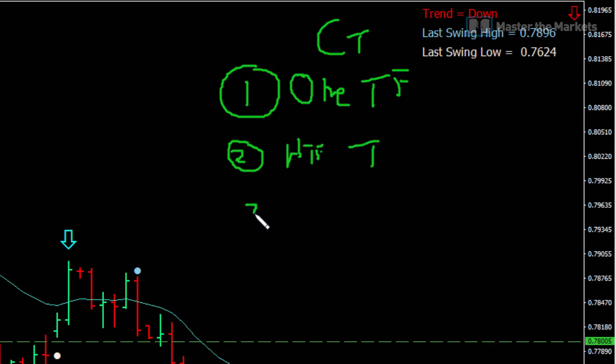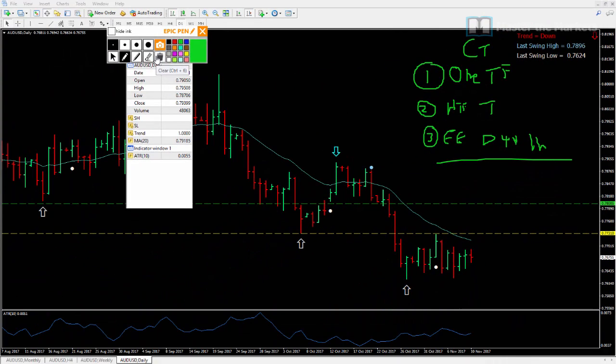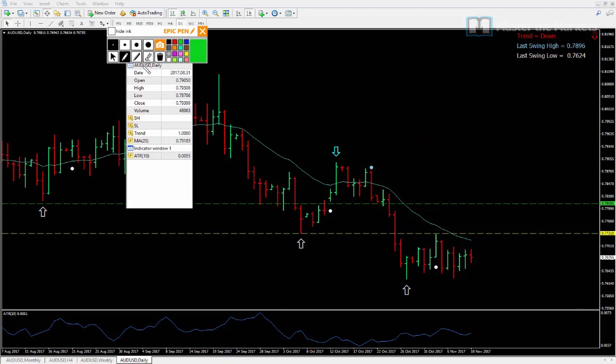And finally is your early entry, based on any of the lower time frames. Okay, it can either be a daily, it can be a 4 hour, it can be a 1 hour. Okay, you got to decide. Finally, your trade management can be based on the daily time frame to be safe. Good. So that covers my topic for today on Forex Friday on how do you trade counter trend.